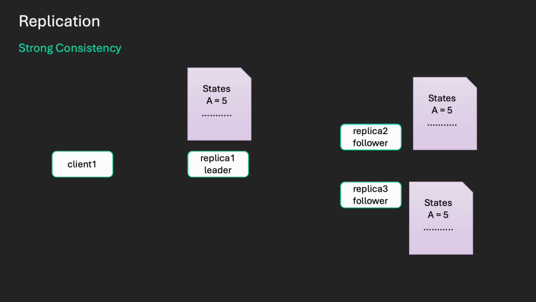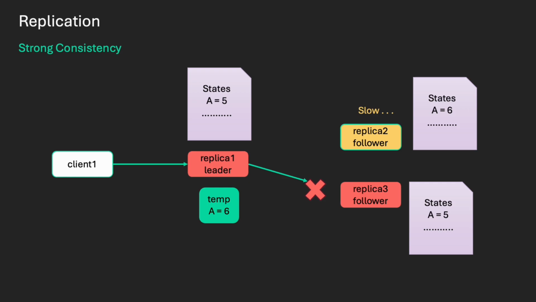While this ensures consistency, it hurts performance because every write must wait for all replicas to respond, and any slow replica will make it even slower. It also reduces availability. If even one replica goes down, the system may halt updates until it recovers. Later, we will explore how to achieve strong consistency with better performance and availability.